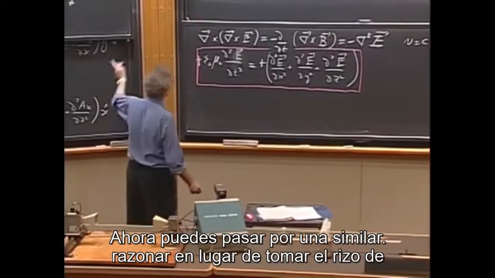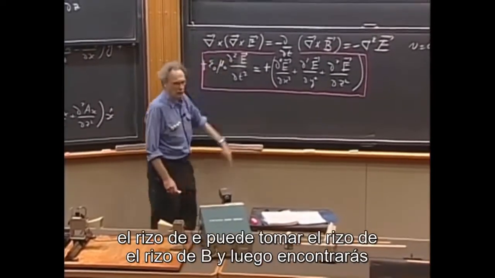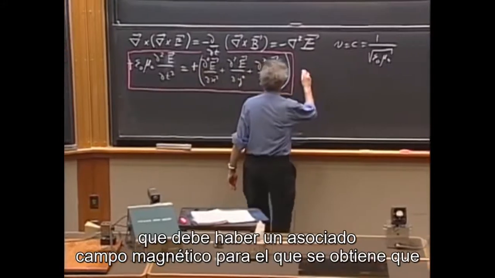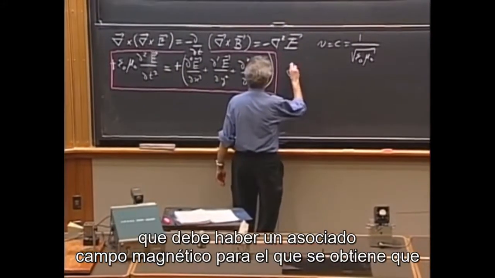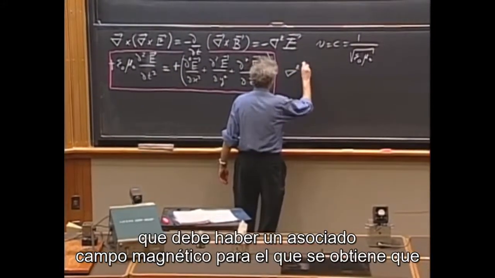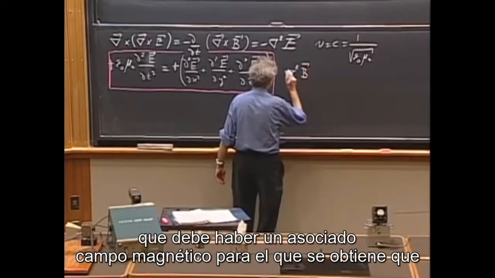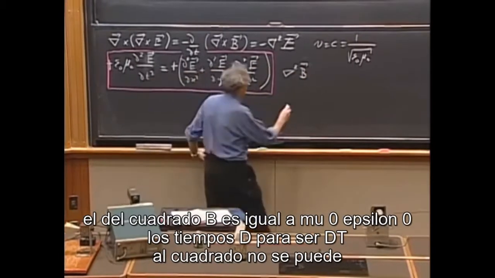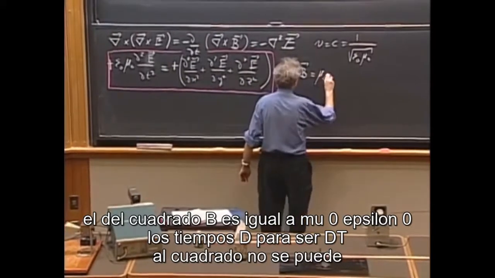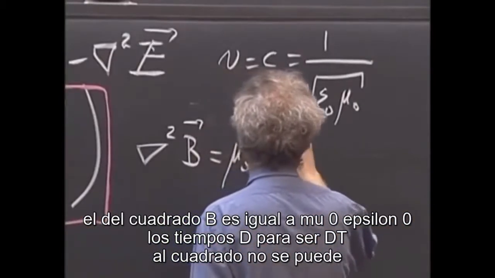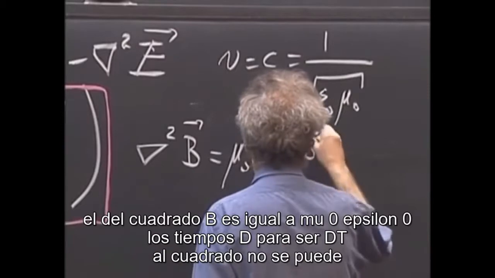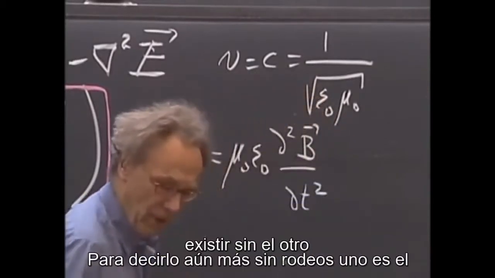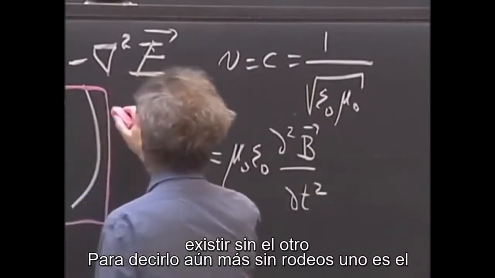He was a genius. Now you can go through a similar reasoning. Instead of taking the curl of E, you can take the curl of B, and then you will find that there must be an associated magnetic field for which del squared B equals mu 0 epsilon 0 times d2B/dt squared.